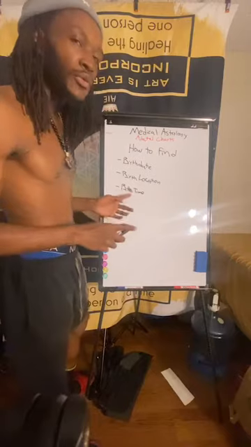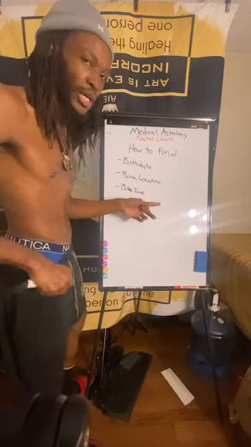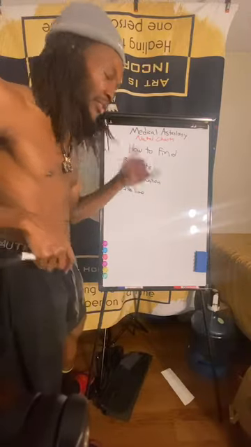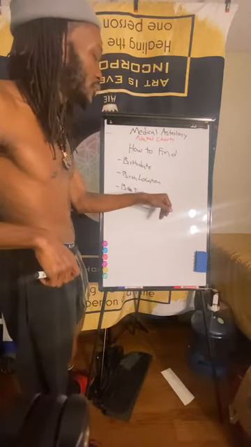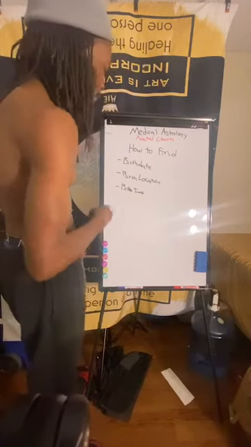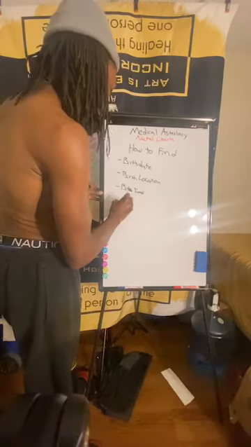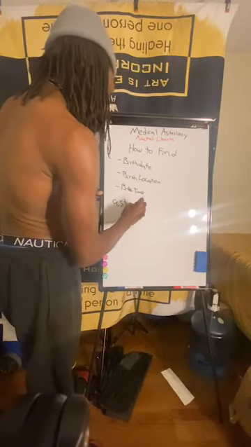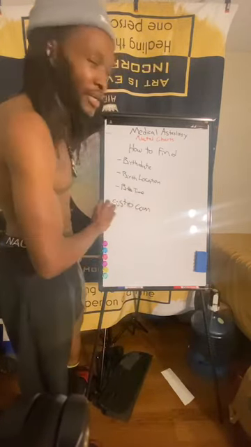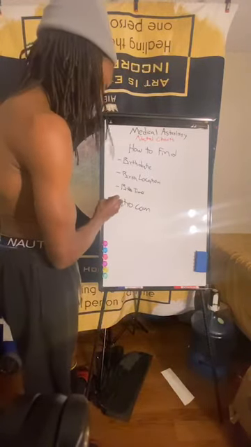Another way to find your birth time is to go to vital records of the state that you were born in, or go to the hospital, or call them, and then you can pay like $15, something like that, and get it sent to your house. Then you go to astro.com or any other website. There's a whole bunch of websites and apps that do this, but I use astro.com.